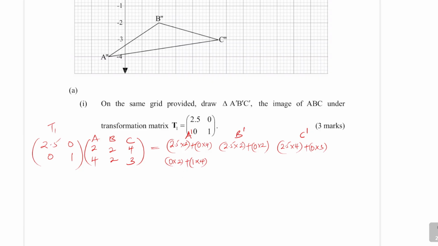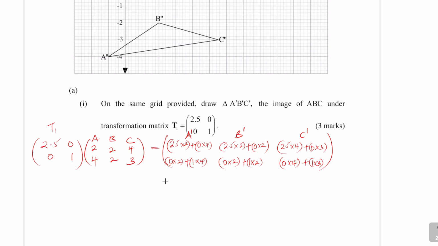Row 2, column 2: 0 times 2 plus 1 times 2. Then row 2, column 3: 0 times 4, then plus 1 times 3.